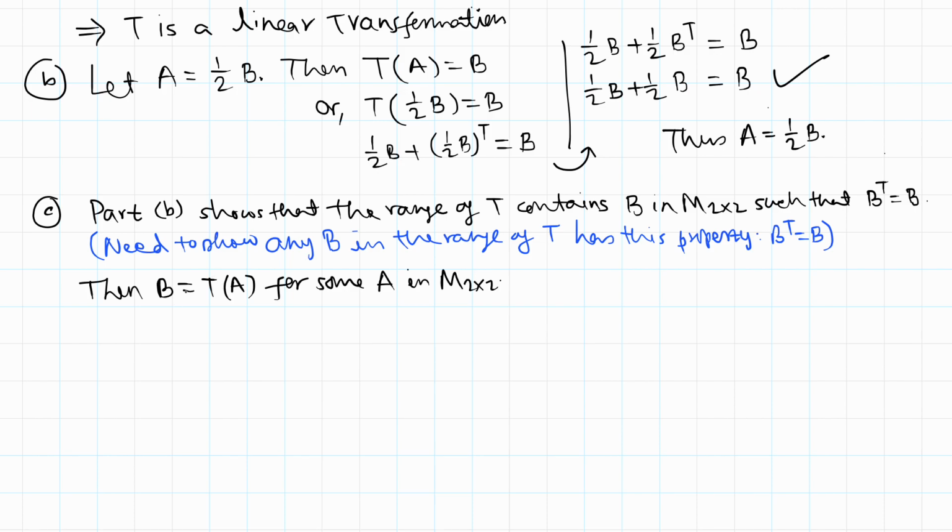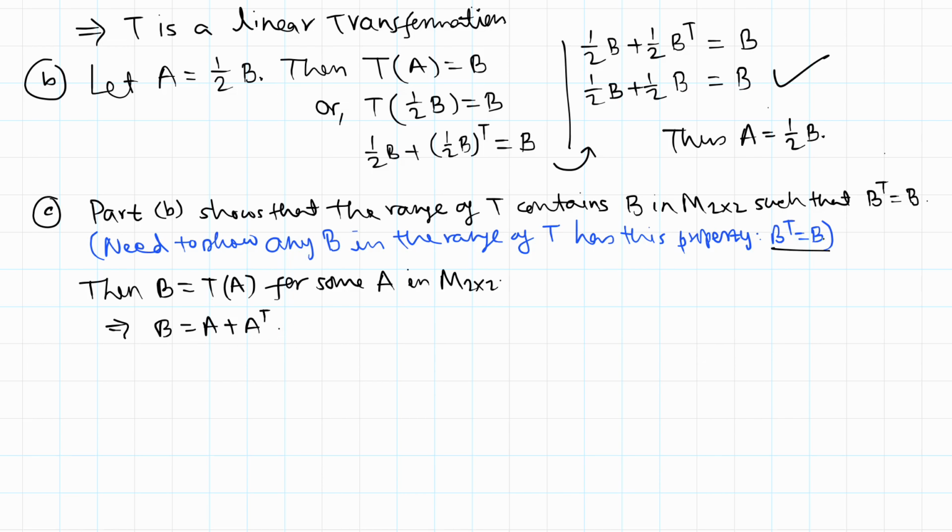We assume that is true for A in M22, and we want to show that this B has the property B transpose equals B. Then T of A equals B means, what is the definition of T of A? T of A is A plus A transpose.